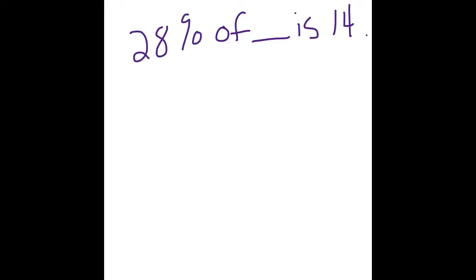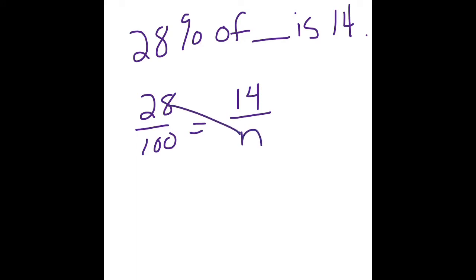Okay. So we are going to use, it looks like the third option, the one where the base is missing. So we get 28 over 100 equals 14 over n. So you get 28n, and then 100 times 14 is 1400, right?